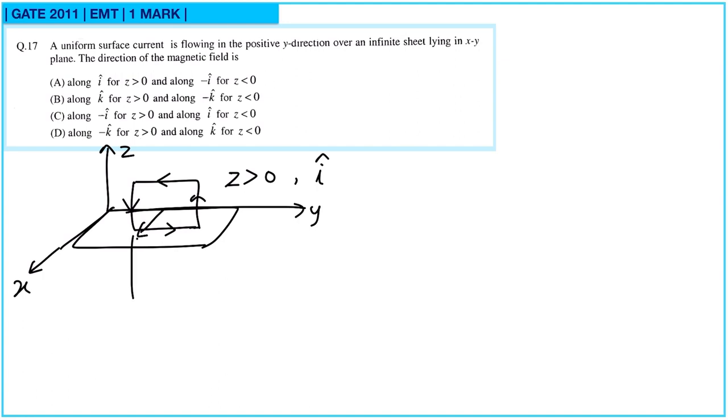And then we can consider this also. Current is going in this direction, so the loop will complete like this. Here the direction of the magnetic field will be inwards. So for z less than 0, this will be in minus I cap direction. So for z greater than 0 it will be plus I, and for z less than 0 it will be minus I. So option A is correct.